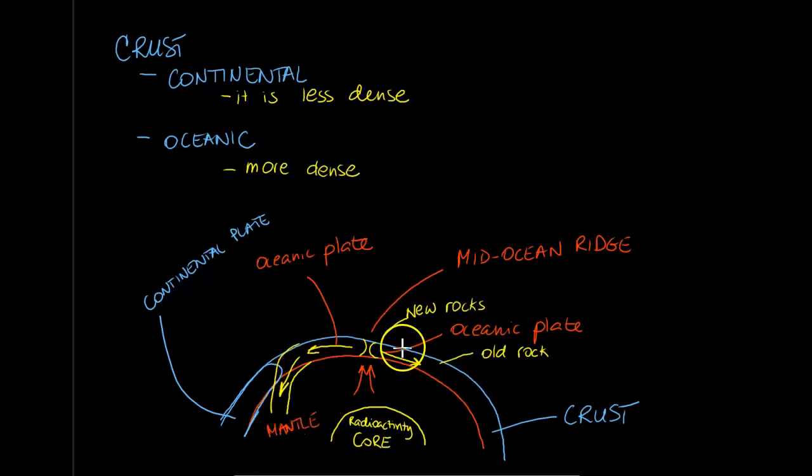The same thing happens on the other side. You're going to have your oceanic plate submerge underneath your continental plate in here. It's going to be your continental plate again.